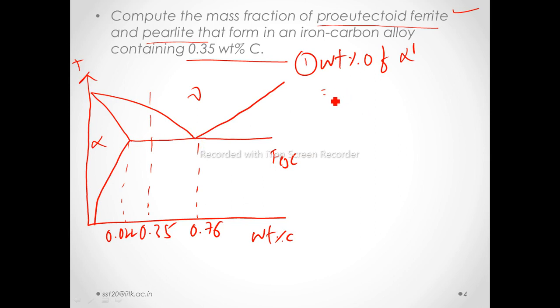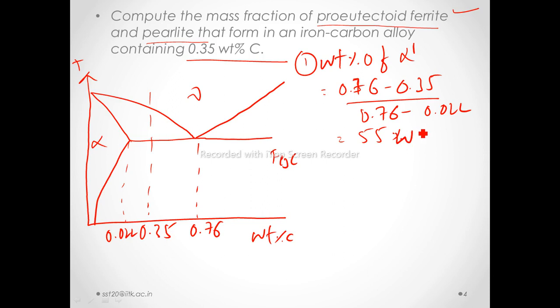That means 0.76 minus 0.35 divided by 0.76 minus 0.022 gives the weight fraction. From here we get 55 weight percent of proeutectoid ferrite. The second one is the weight fraction of pearlite.